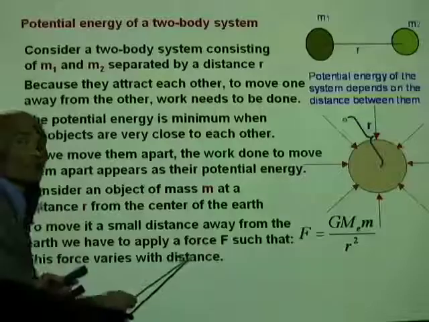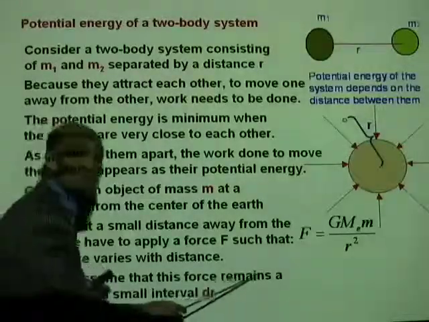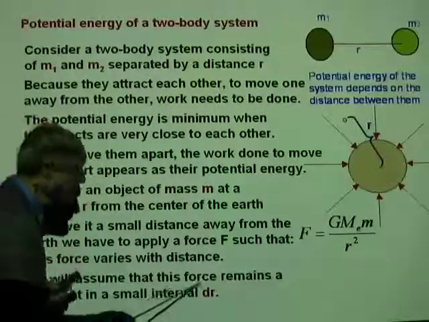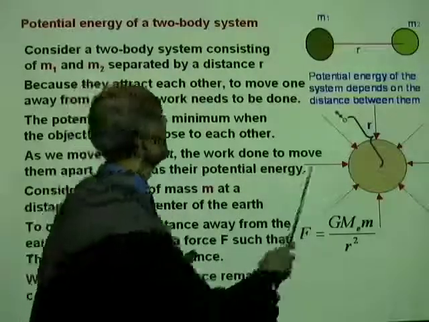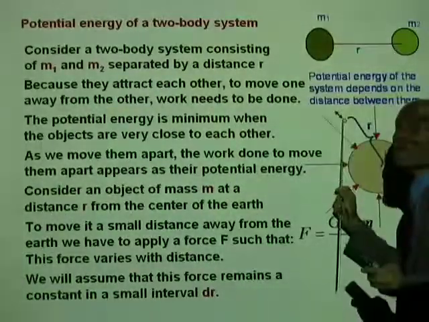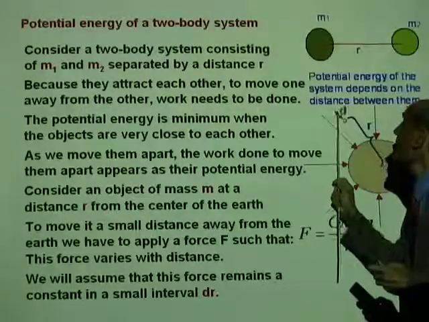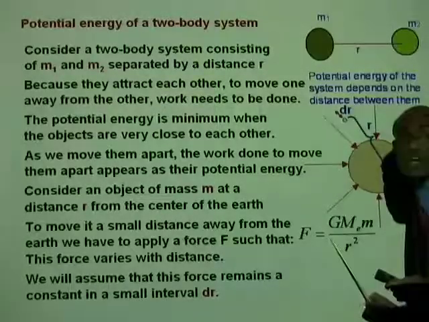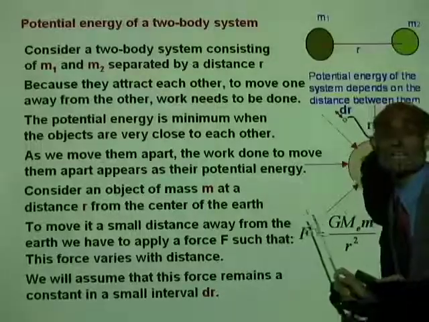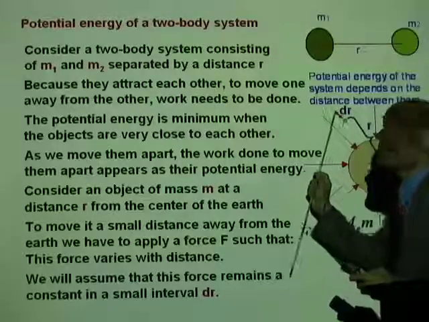So this force varies with distance, but we will assume that it remains constant in a very small interval of displacement dr. In other words, if you now want to move this object from this position to here, a distance dr, we will assume that this force will remain constant. Therefore, the work done can be calculated as this force multiplied by that distance. Is that right? Okay, let's do that here.